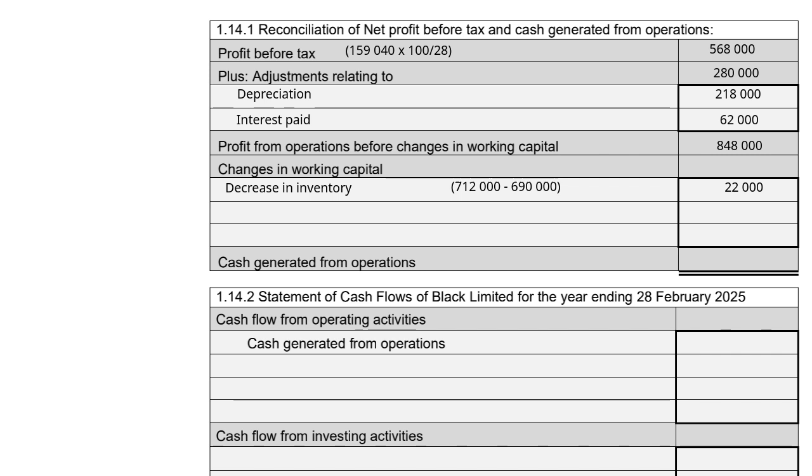And then we will get a decrease in debtors. And the amount will be 21,000 out of brackets. It's out of brackets because it's an inflow of cash.